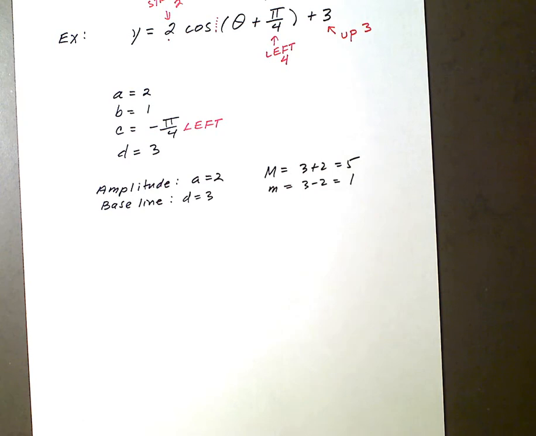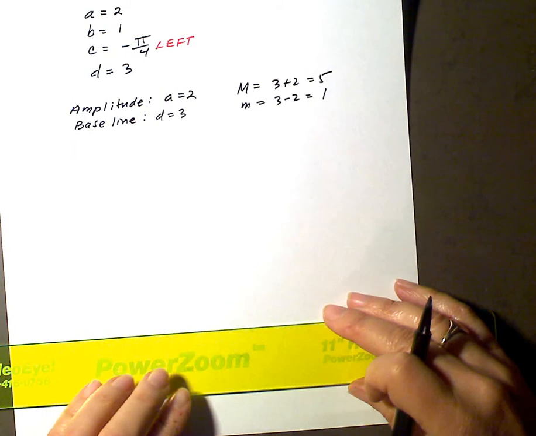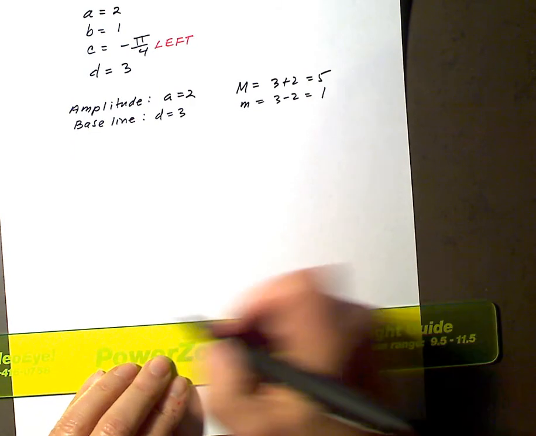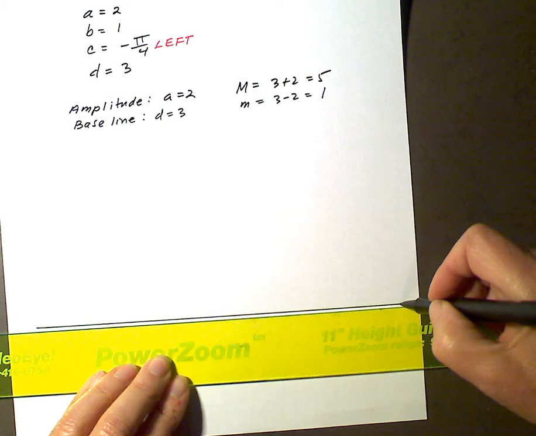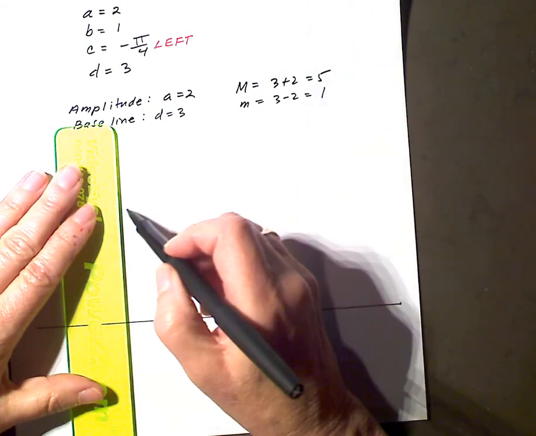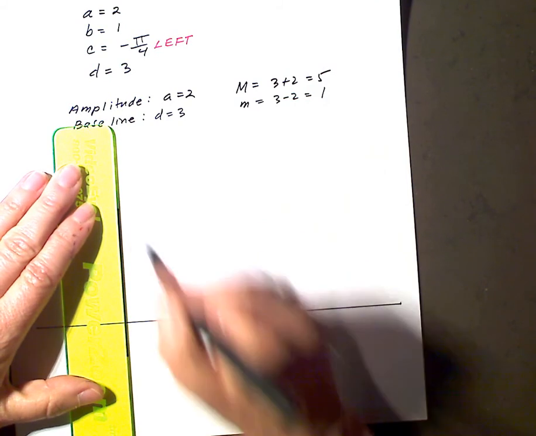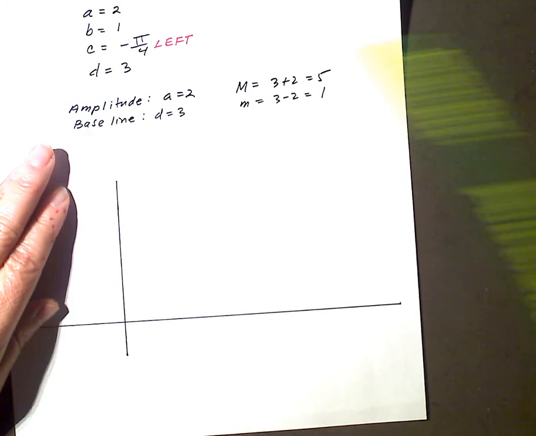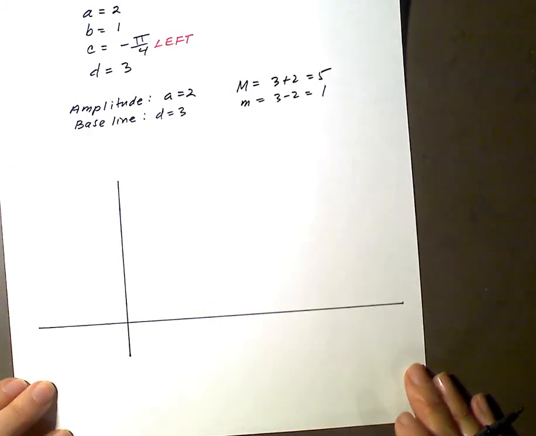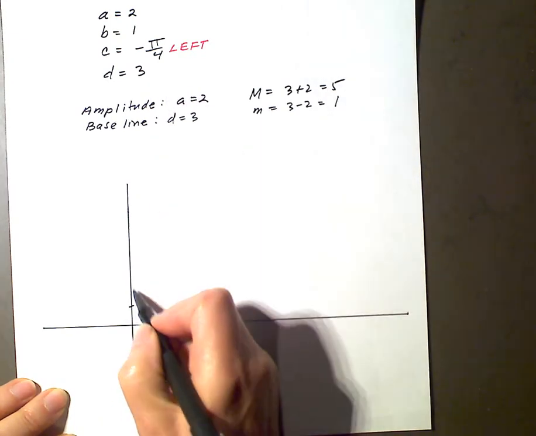So before we talk about the period, let's start to put a picture to this graph. I'm going to do mostly just the one period that's going to be to the right of the y-axis, and this is going to be shifted up, so I need more room up here. Okay, so the baseline is going to be at 1, 2, 3.